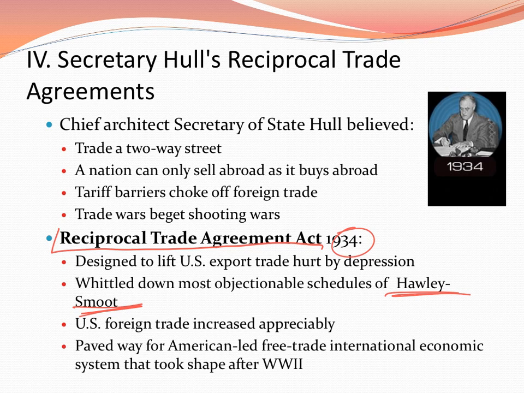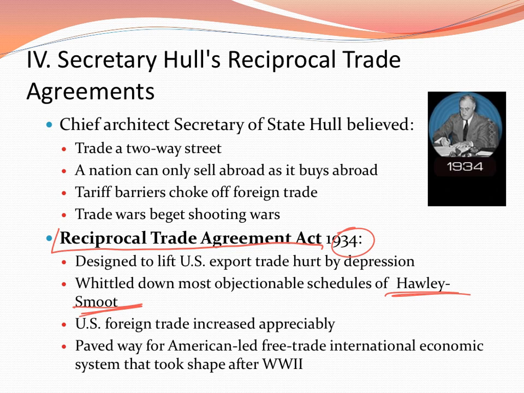So let's just say the United States is exporting blue jeans to, say, Spain. Spain would in turn put a tariff on those, making it hard to sell blue jeans in Spain.